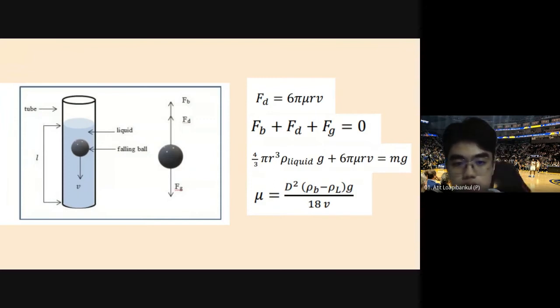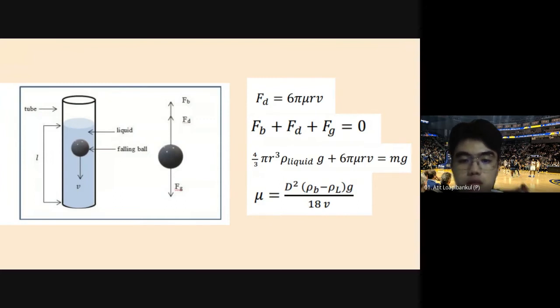And the third sentence is Fb, the buoyant force, equal to 4 over 3 pi r cubed times rho of liquid times gravitational Earth value, and Stokes law will be equal to mg going down.